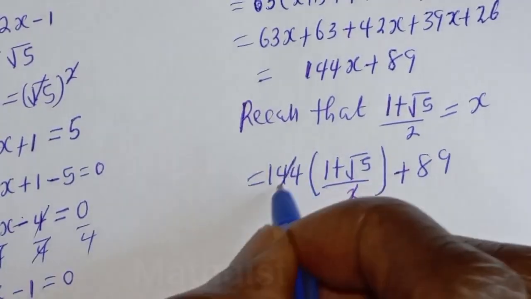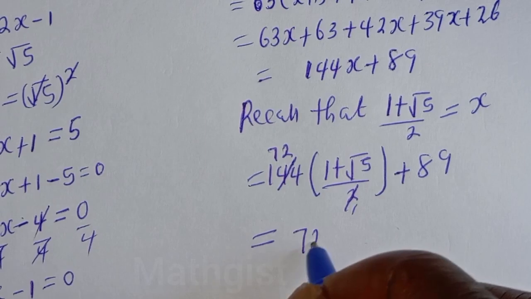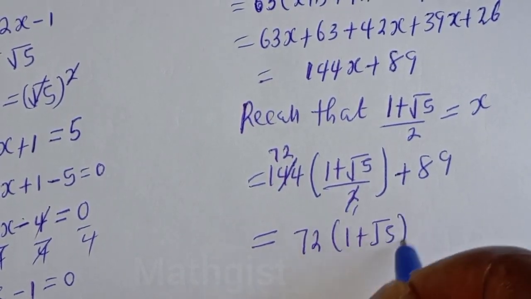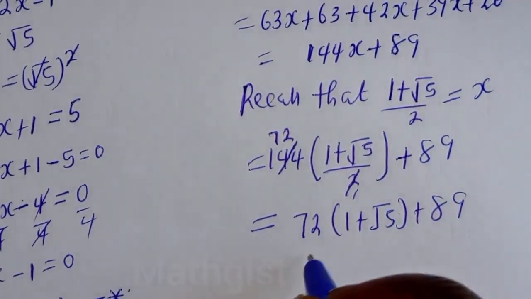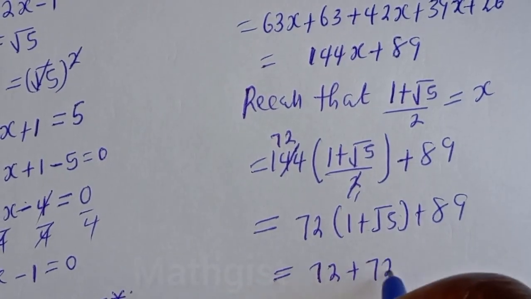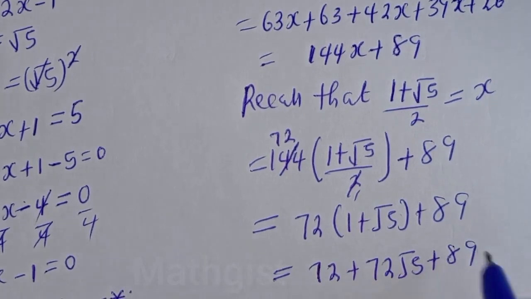2 here divides 144, giving 72. 72 bracket 1 plus root 5, plus 89. Now let's open the bracket: 72 plus 72 root 5 plus 89.